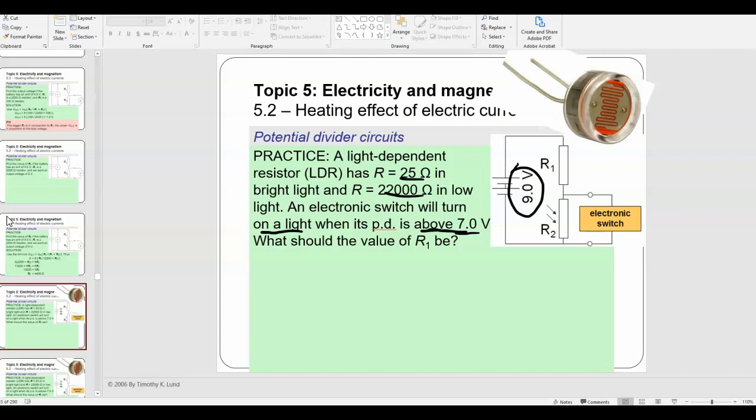So we're going to use the 22,000 ohm resistance as our R2 value, because that's the situation in which the voltage would go above 7 volts. So when I go to plug in, I have my voltage divider equation.